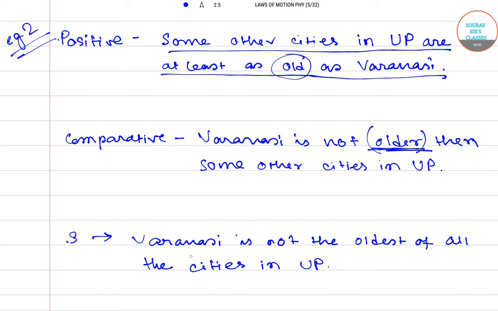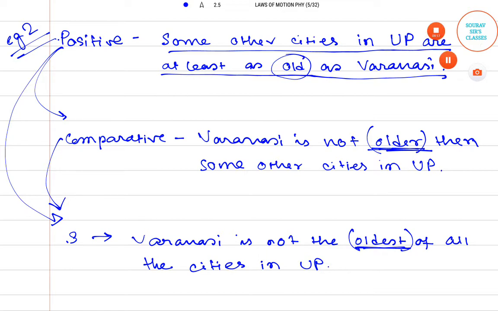So this is our superlative degree. So we are making it oldest. This is how we can change a positive to comparative, or a positive to superlative, or a comparative to superlative.